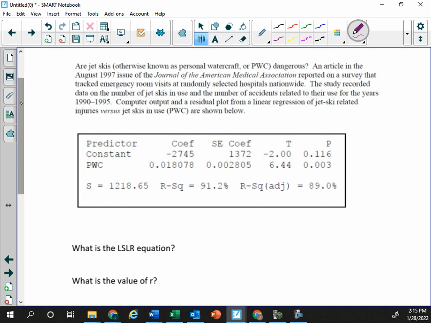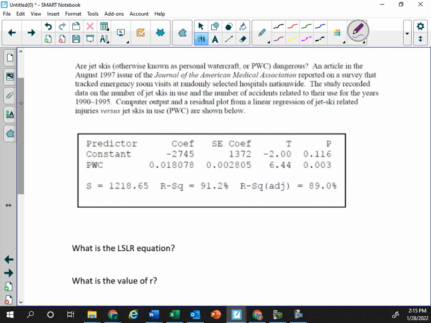Are they dangerous? We're going way back to the August 1997 issue of the Journal of the American Medical Association. The design of a jet ski has changed tremendously since 1997, so we'll go with the data they give us.